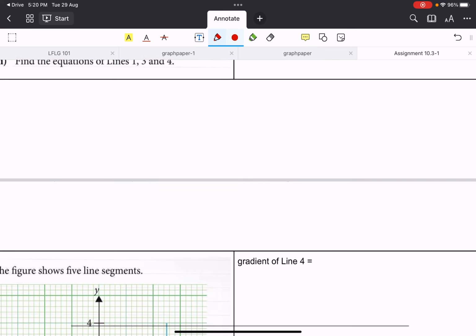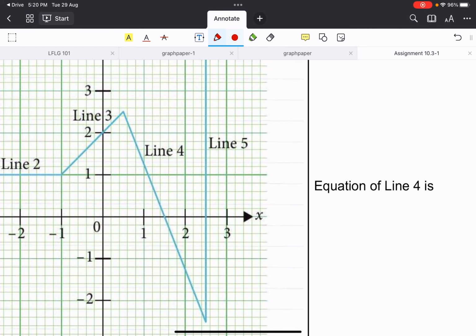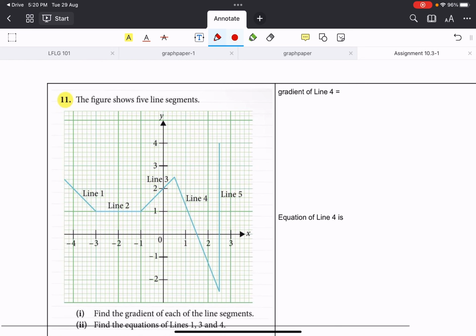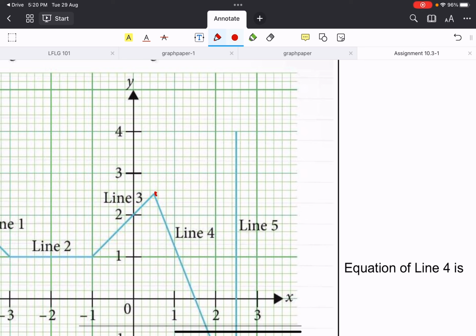Now line number 4 is the more challenging one. Let's look for 2 points that we can use. I don't see 2 obvious points, so we can choose points that are suitable. Take this point: it's in between 0 and 1, so x is 0.5, and the y value is 2.5.